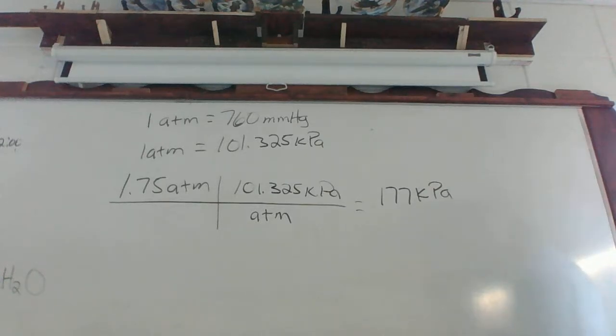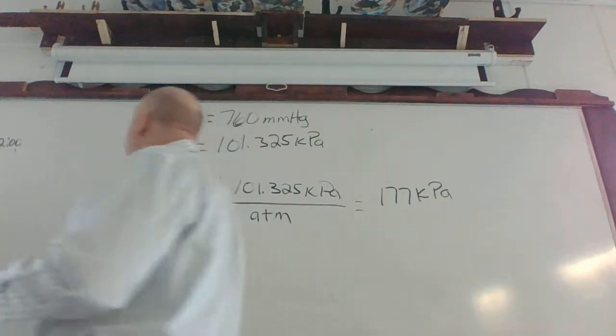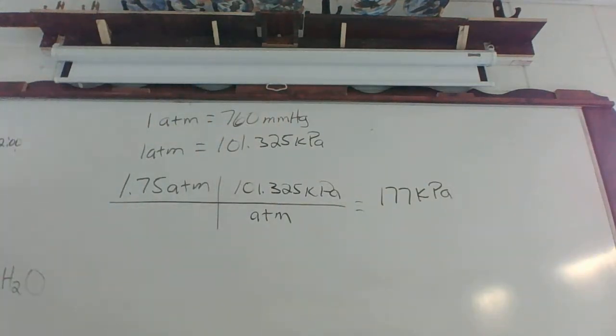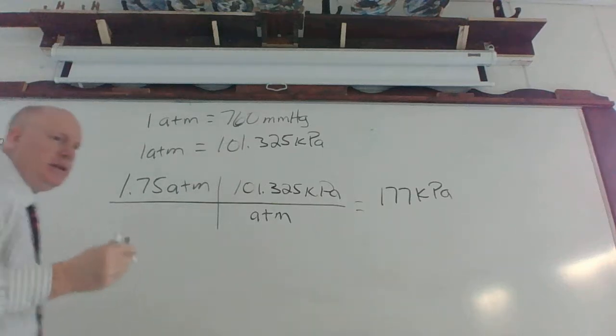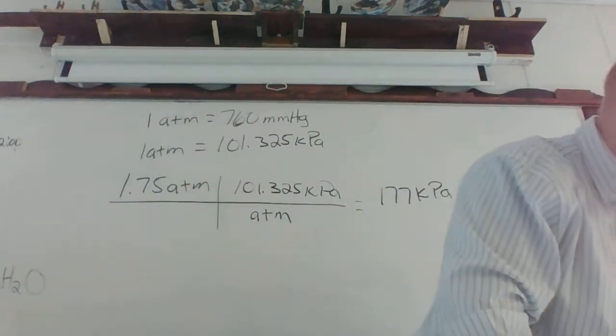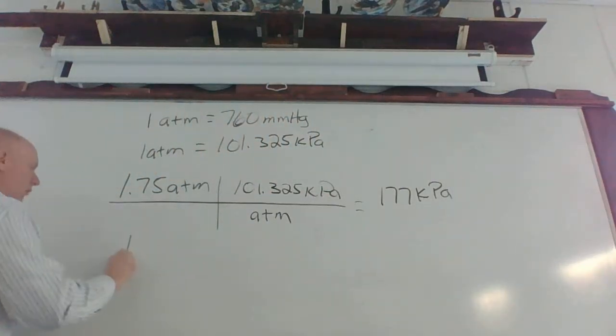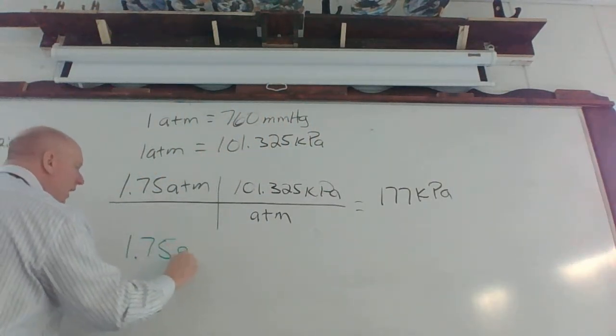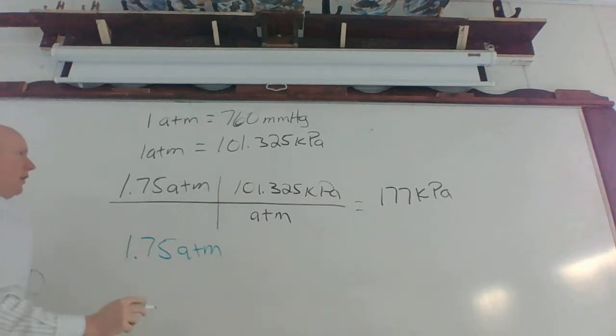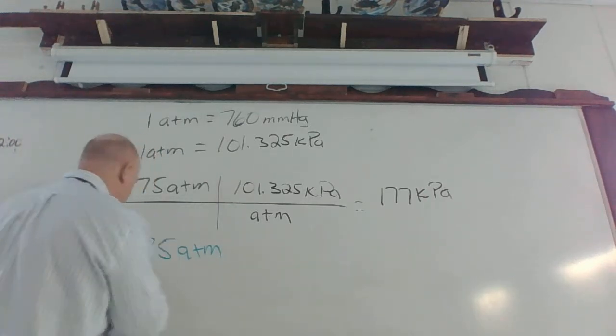Then, as we proceed further along, we want to do millimeters of mercury now. We're still taking 1.75 atmospheres and converting that to millimeters of mercury.